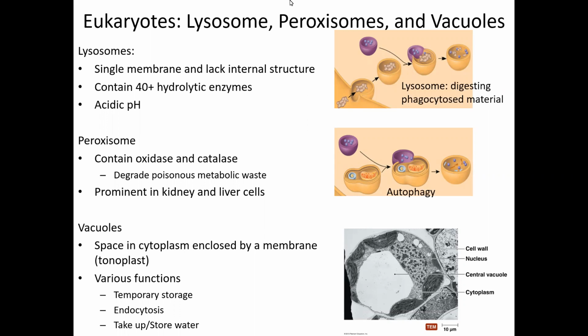And the reason the lysosome has an acidic pH is because of safety measures, right? There's a chance that the cell could have a leaky, faulty lysosome. And if a lysosome were to leak, then those dangerous hydrolytic enzymes would be introduced to other parts of the cell, and it could potentially digest important things.